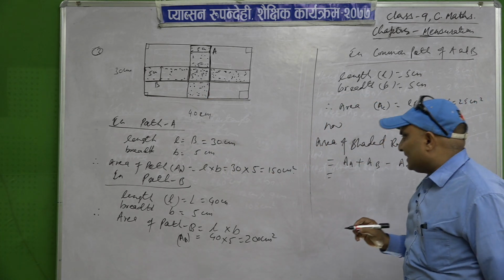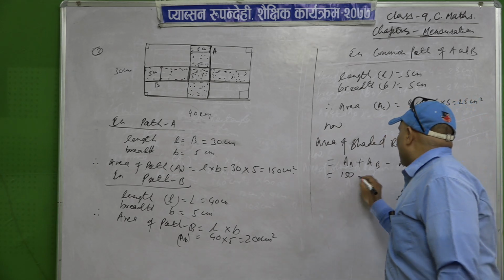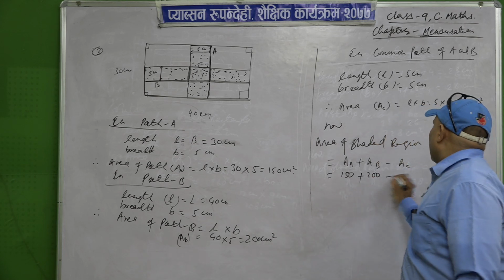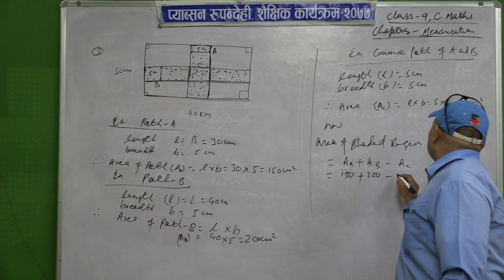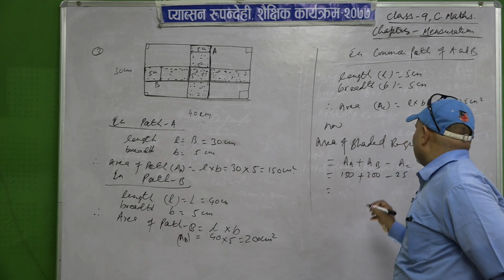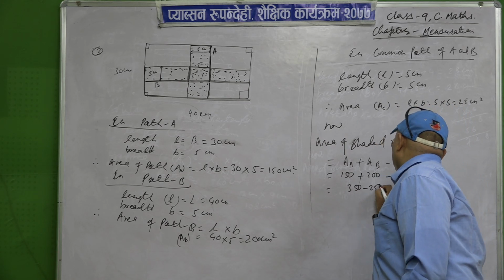Now put the value. The area of path A is 150 plus area of path B is 200 and area of common path is 25. Now simplify it. This is 350 minus 25.